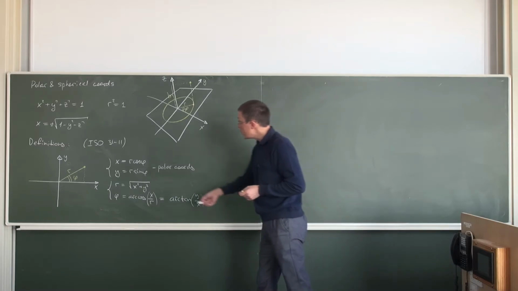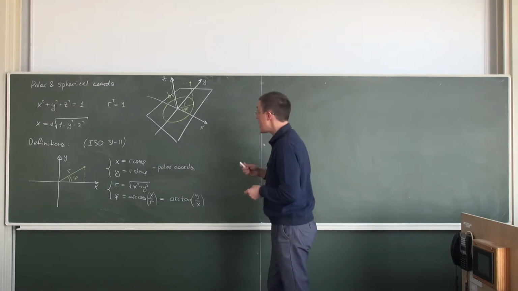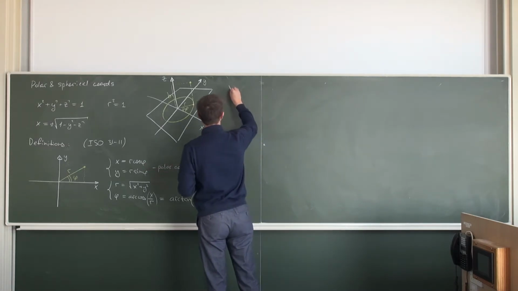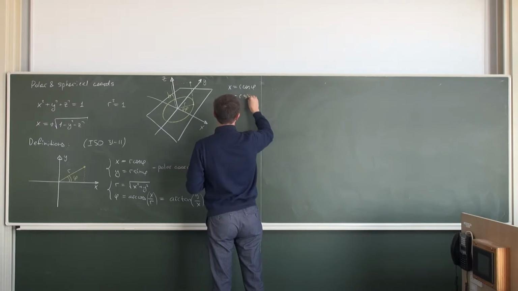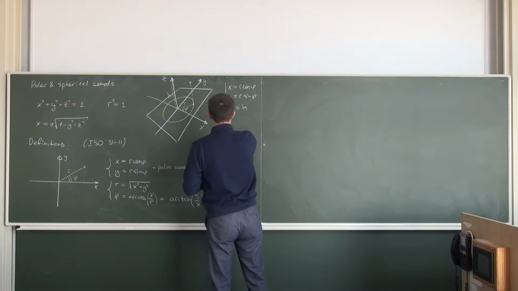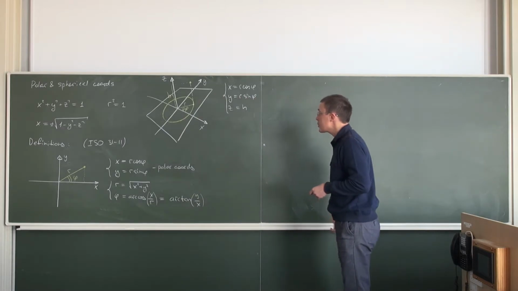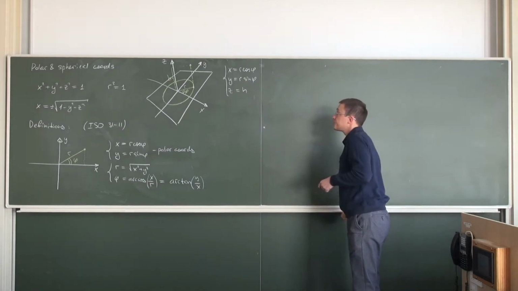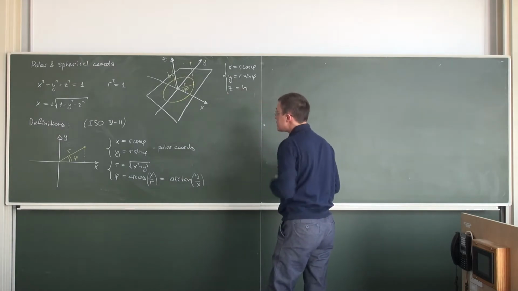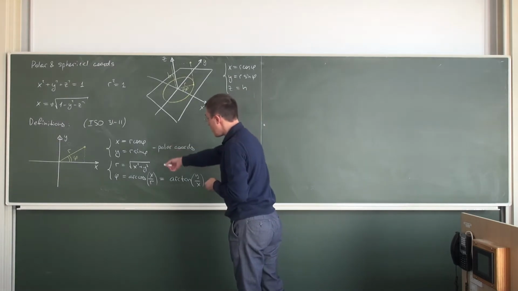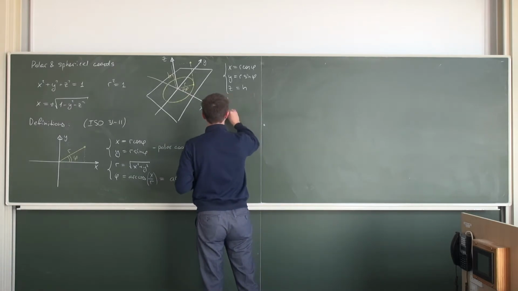And of course we will retain the x and the y as the definition, so we will have x equals r cos phi, y equals r sin phi, and z will be simply equal to h, extension in the third dimension. And so the reverse is again simply inherited from our polar coordinates.